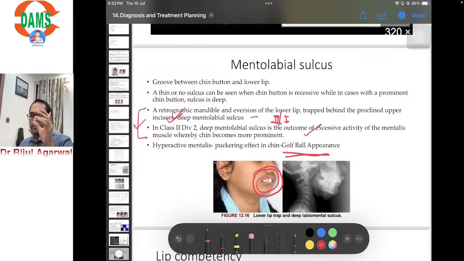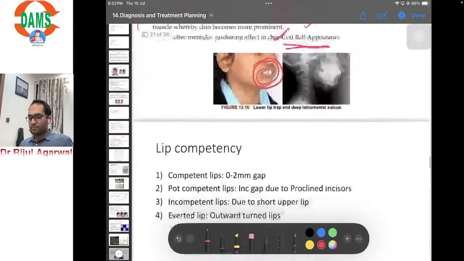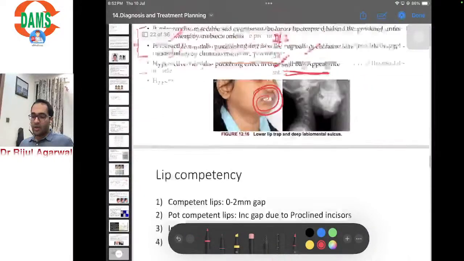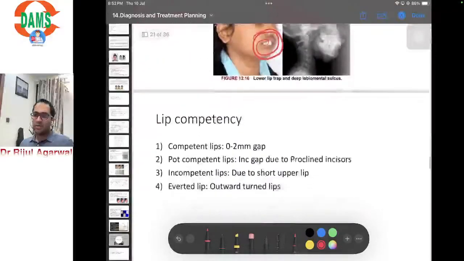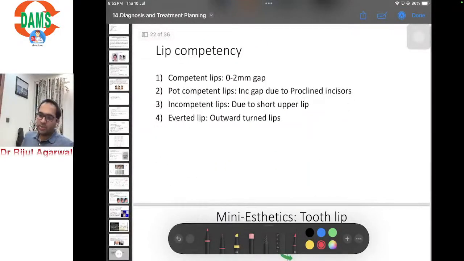Okay, if anyone has looked at a golf ball, it has certain dots and depressions present, known as golf ball appearance. I hope mentolabial sulcus concept is clear and no one will ask me, sir, this is given in Pulse, because there in one question, I don't know whether they have corrected it until now or not. Deep mentolabial sulcus is present in both class 2 div 1 and div 2.